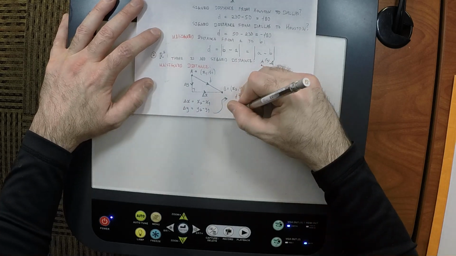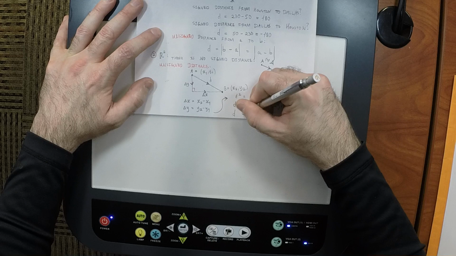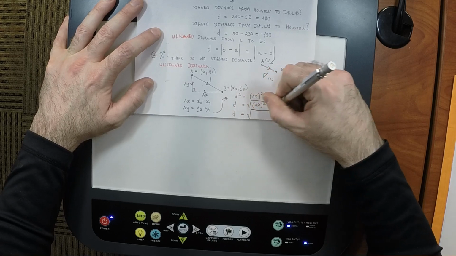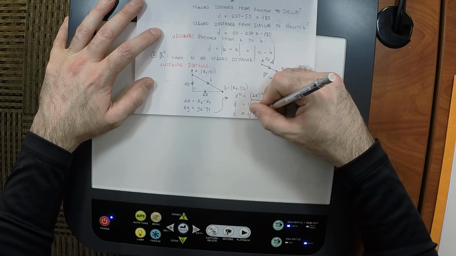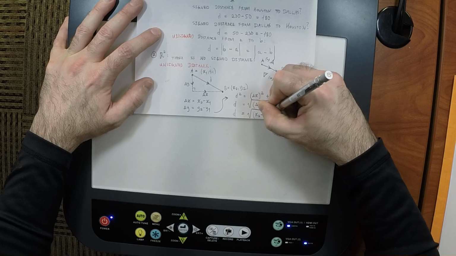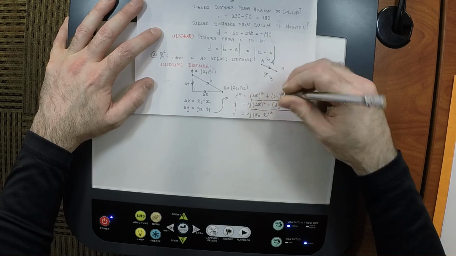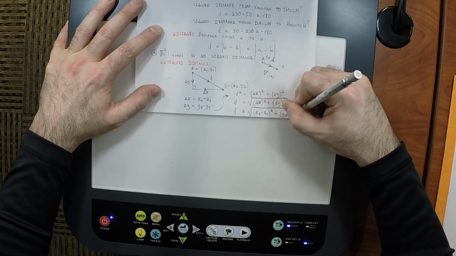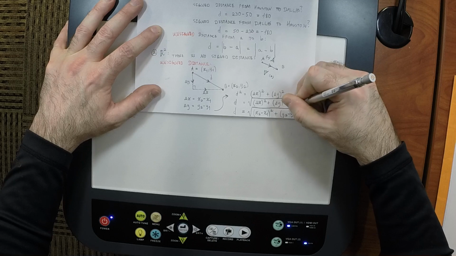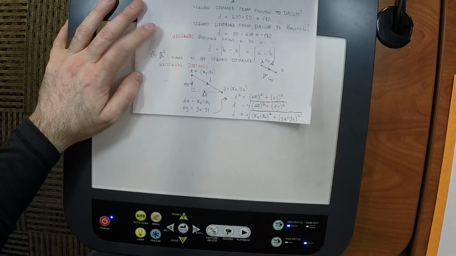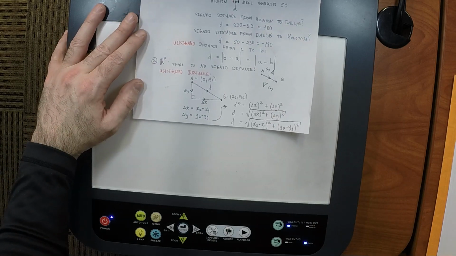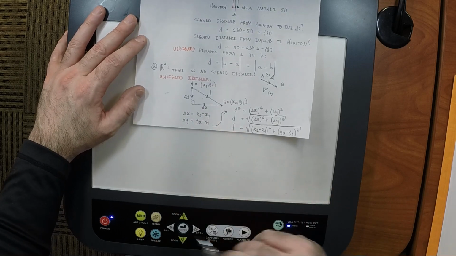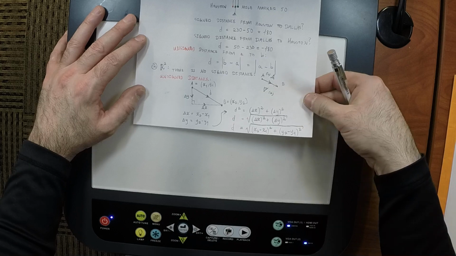And if you had a mind to do so, you could write it without the deltas. You could just write x2 minus x1 squared plus y2 minus y1 squared. So that's distance. But the main idea in the end is the construction of this right triangle. Any questions about it? That's just a review of last time.